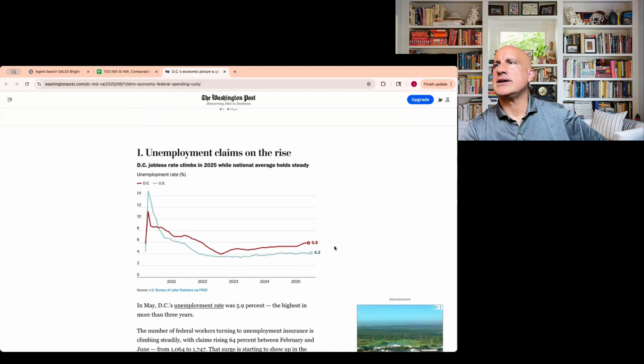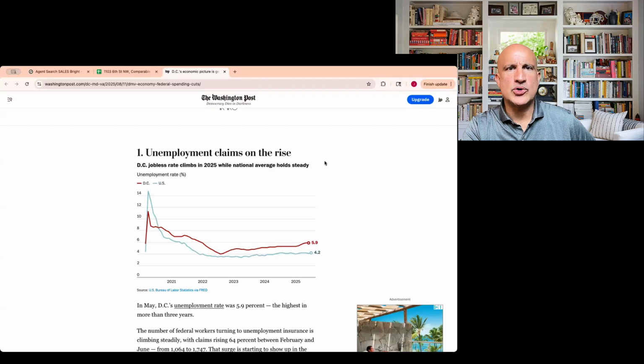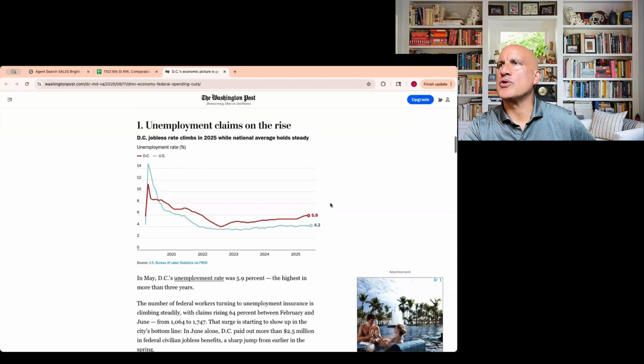There were some interesting data points here, and some that I didn't think were particularly compelling, but just to throw things out here.